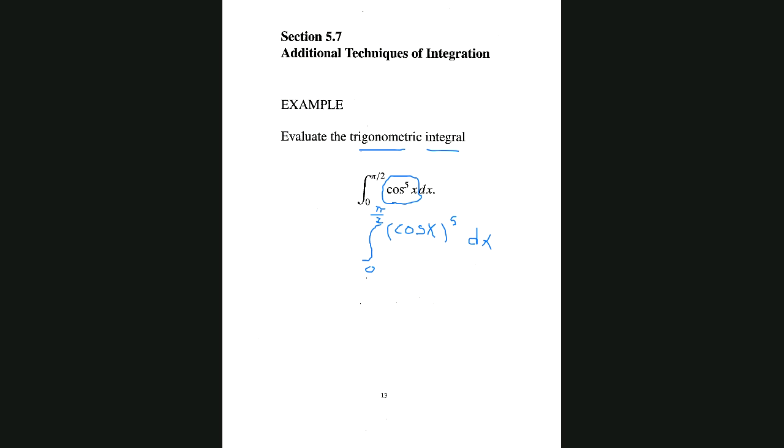You're trying to find the area bounded above by that function, below by the x-axis, between the x values of 0 and pi over 2. Is this area positive or negative?